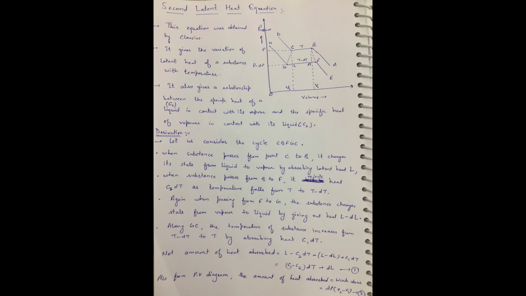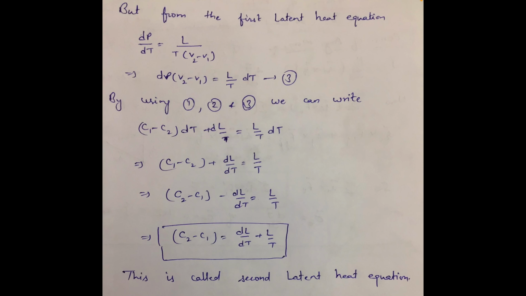So from here we also get the amount of heat absorbed, and let us say this is equation 2. So we have two equations, 1 and 2, for the net amount of heat absorbed by the substance during the Carnot cycle. Now we also know that the first latent heat equation, which relates the change of pressure with respect to change of temperature, was given by dP by dT is equal to L by T times V2 minus V1.